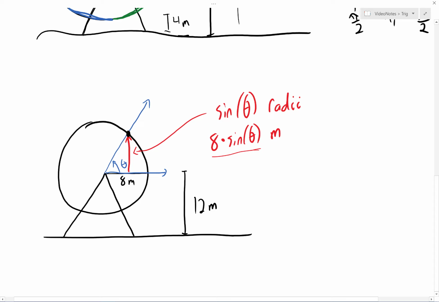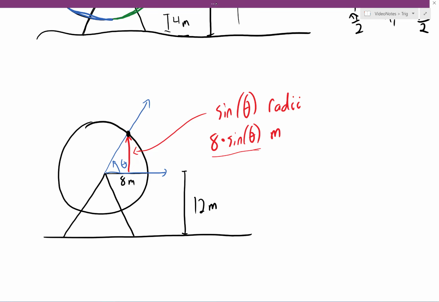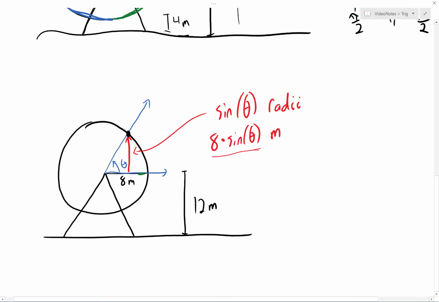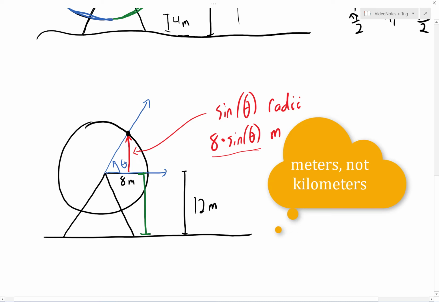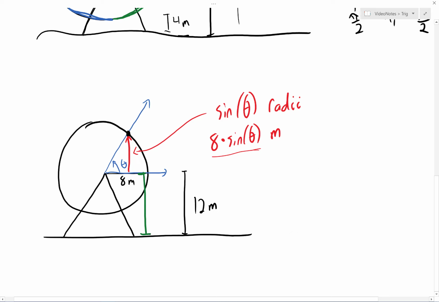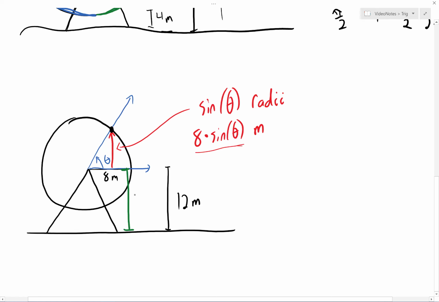However, we want our height above the ground, so we're not quite done yet. We know that the center of the Ferris wheel is 12 meters above the ground, and then Kristen is an additional 8 times sine of theta meters above that. So if we want her distance above the ground, we need to combine this original distance, 12, plus however many meters she is above the center of the Ferris wheel. So plus our 8 times sine of theta.